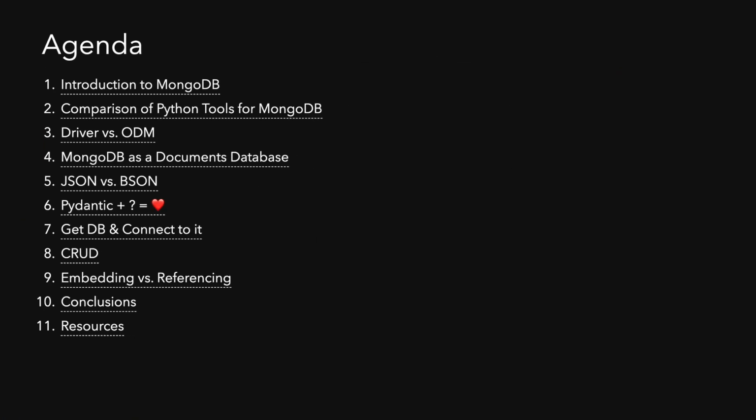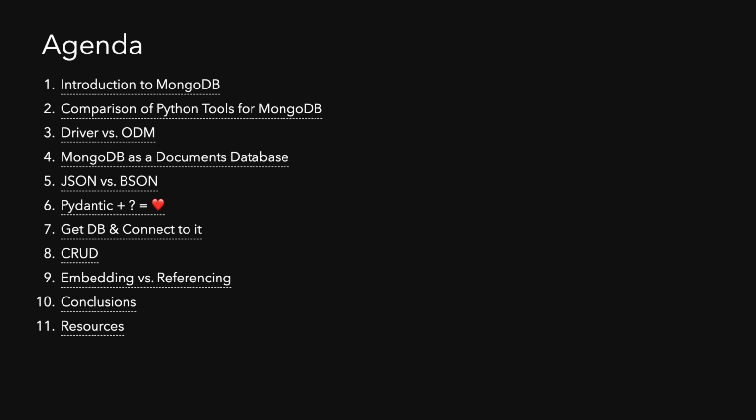Okay, today's agenda. In the beginning, I will do an introduction to MongoDB. Next, I will do a comparison of Python tools for MongoDB. Of course, we are at Python Summit. Then I will do the next comparison about driver versus ODM. Later, I will speak about MongoDB as a document database.